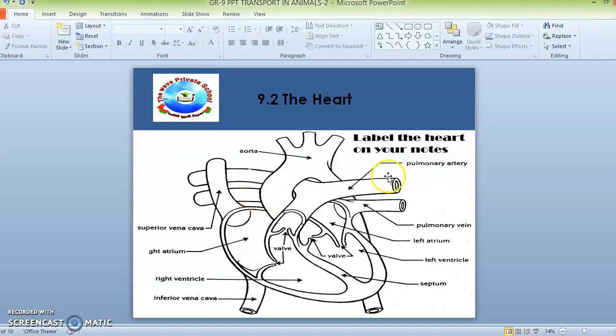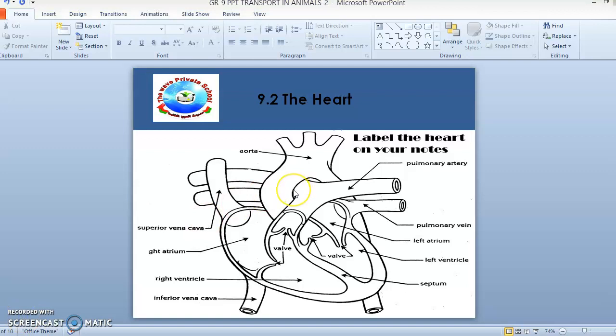First, look for the diagram of the heart. It is a section of the heart, and you can see the names of the parts inside. Just pause the video, draw the picture in your notebook and label it.